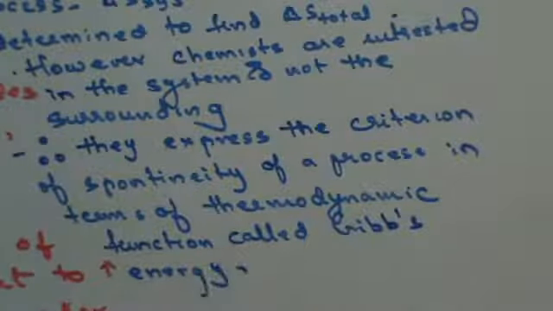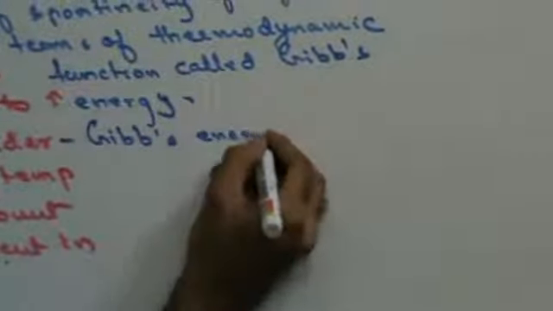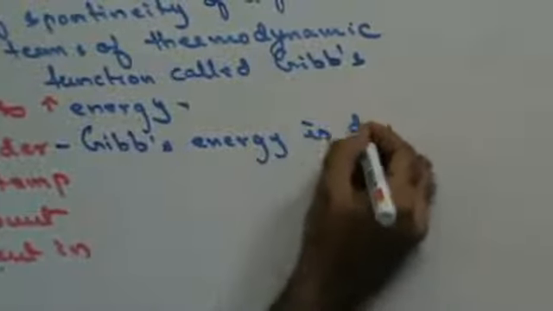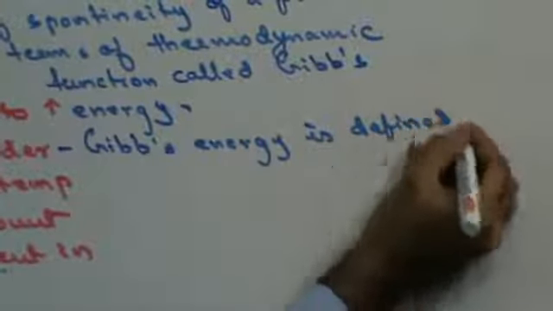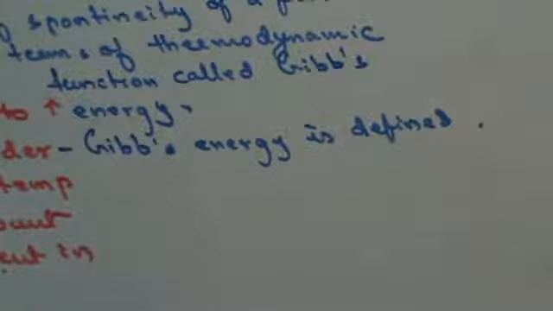So now, what is Gibbs energy? You understand why I needed a Gibbs energy? Because I was not interested in the entropy change of the surrounding. I didn't want to measure that. Therefore they came up with another unit which is called Gibbs energy.